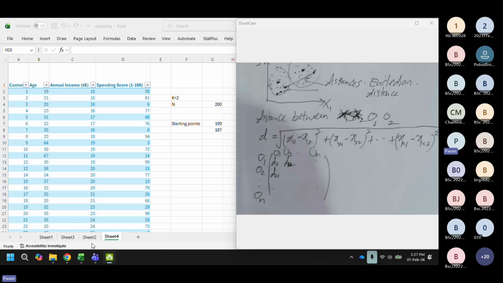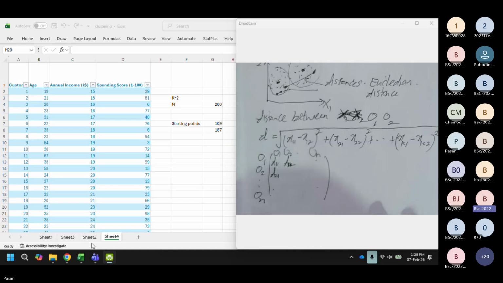You always have the freedom to use different distance measurements, but commonly we use the Euclidean distance. If you use a different distance measurement, you have to use the correct formula for it. That's the only change. So that's the concept of the distance.